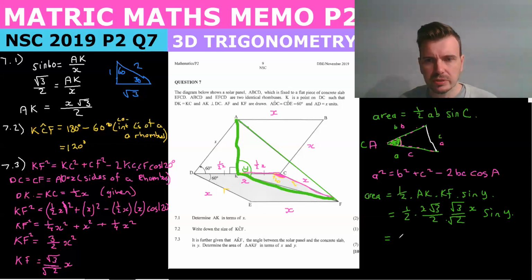So we've got, the root 3's are going to become 3. So the top is going to be 3x squared, and the bottom is going to be 2 root 3.